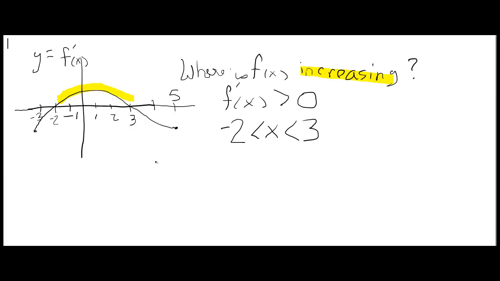Okay? So let's talk about where we find the extremes of this function. What are the extremes? Well, we see here at x is 3 something special is going on. Let's try to roughly draw the function. The function is increasing from -2 to 3.